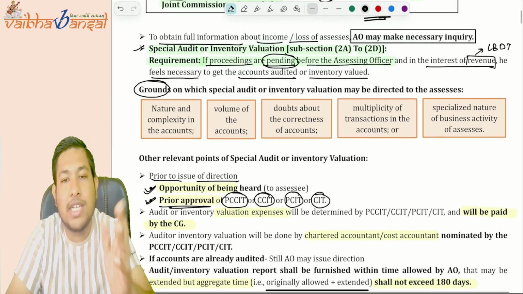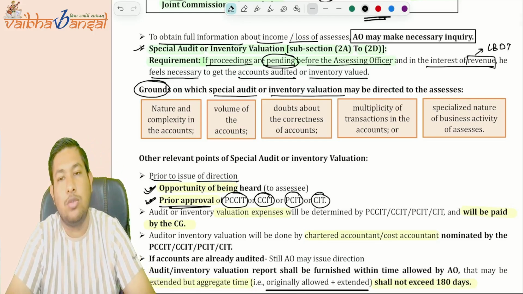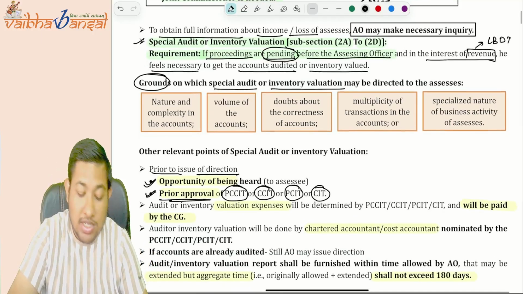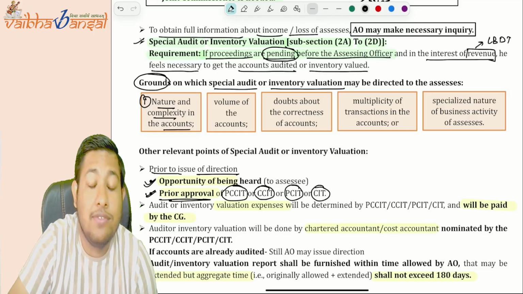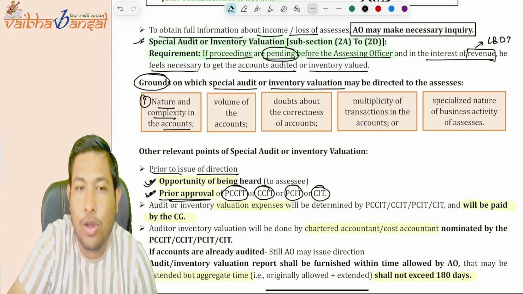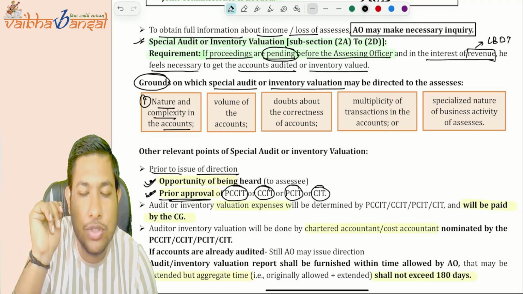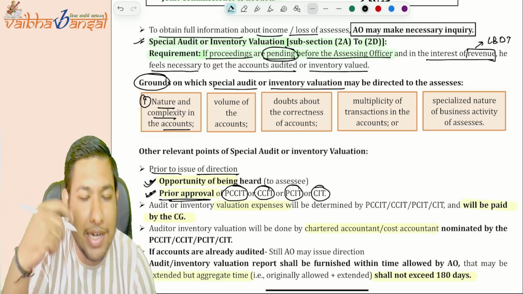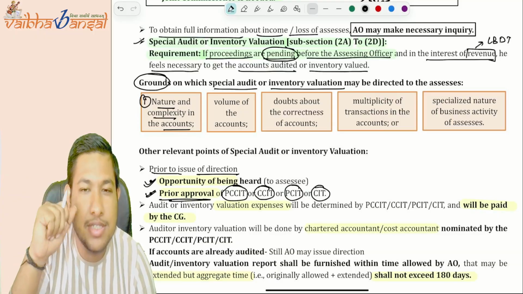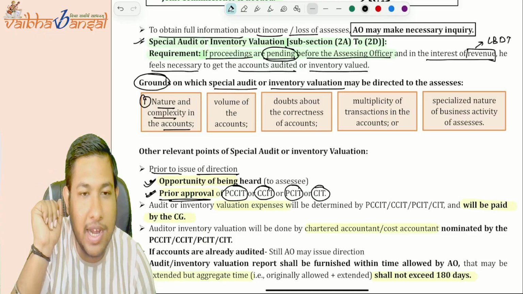Now, on what grounds may the special audit or the inventory valuation be directed? The first ground is the nature and complexity of the accounts. If the accounts are so complex, take the business of Reliance: there is the oil business, the internet business, the mobile business, and so many other businesses.